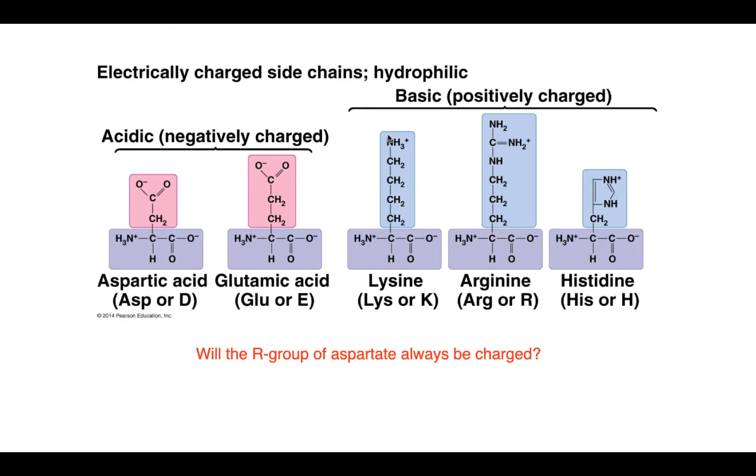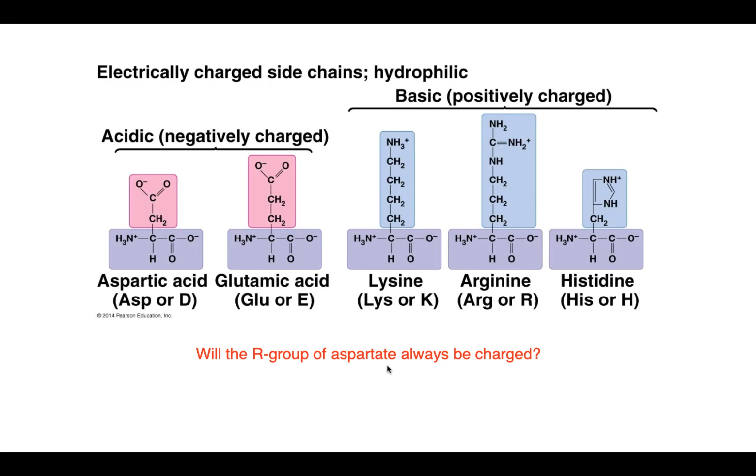So we're seeing carboxyl groups, we're seeing amino groups not only in the backbone of the amino acid itself, but also in its R group. And I have a tricky question here. Will the R group of aspartate, here's aspartate, here's the R group, will it always be charged?